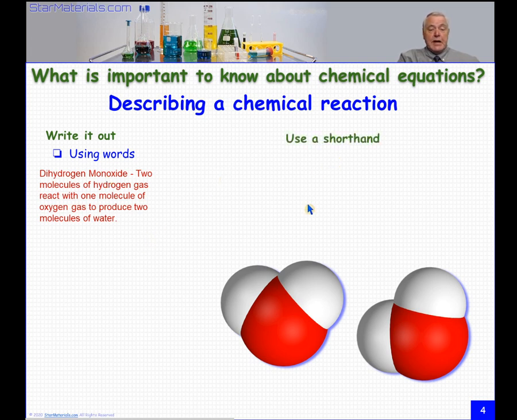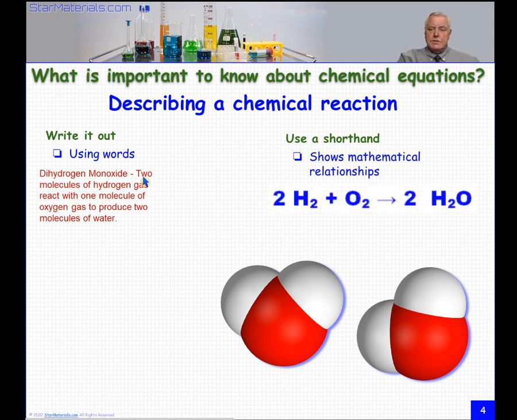We can use a shorthand. It shows the mathematical relationships. Two molecules of hydrogen, two H2s, react with one molecule of oxygen, O2, to produce two molecules of H2O.